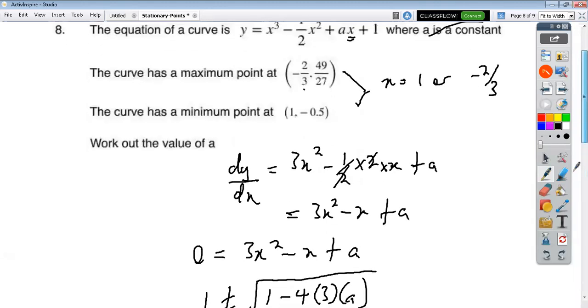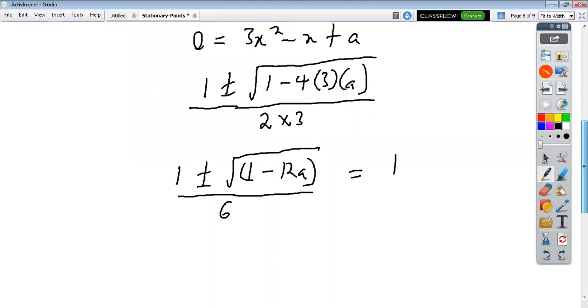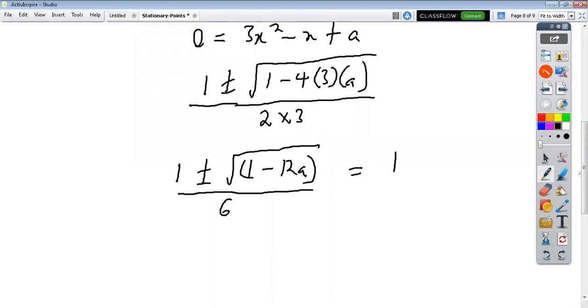I'll work with 1 now. From a maths point of view, let me show you how I do this. I can multiply everything by 6 so that I eliminate the denominator: 1 plus the square root of 1 minus 12a is equal to 6.